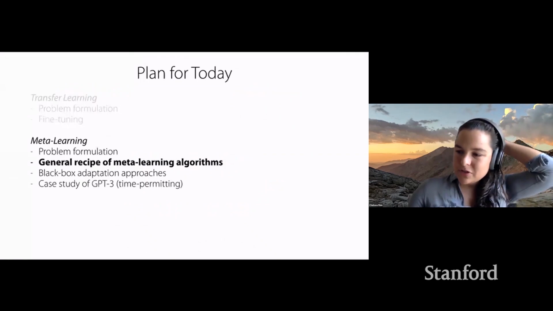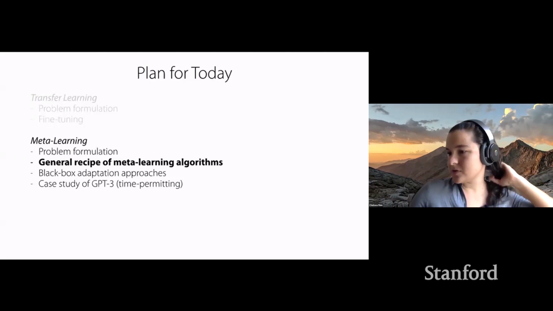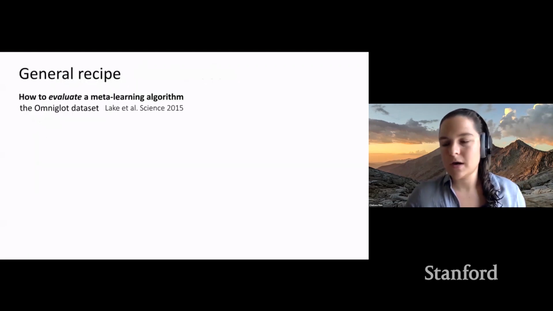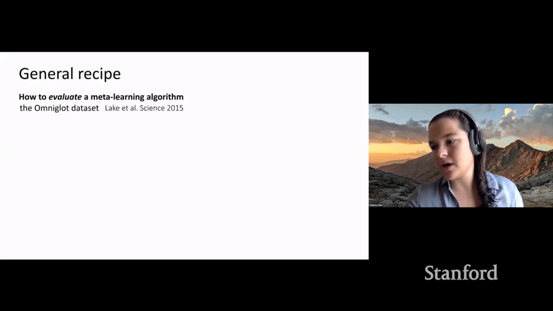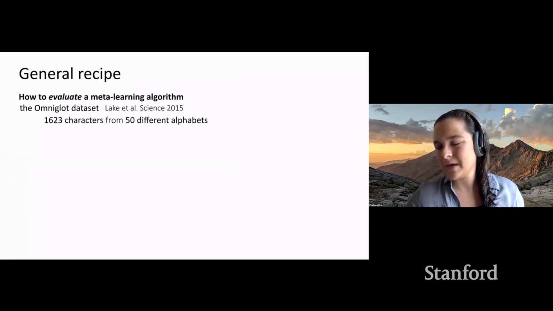Okay, so now let's talk about a general recipe of meta-learning algorithms and then one instantiation of that. First, let's talk about a general recipe for evaluating a meta-learning algorithm. In particular, I want to highlight the Omniglot dataset that we've talked about a little bit until now.